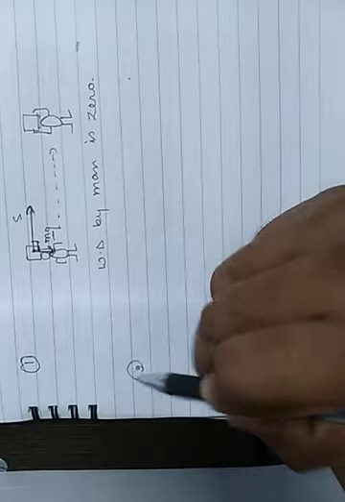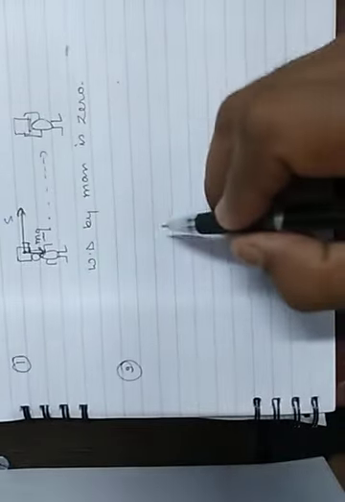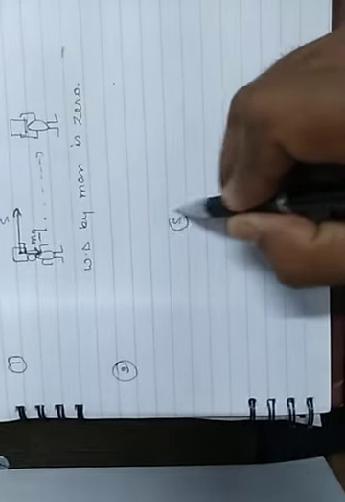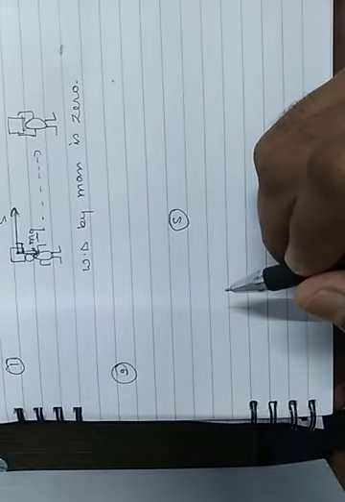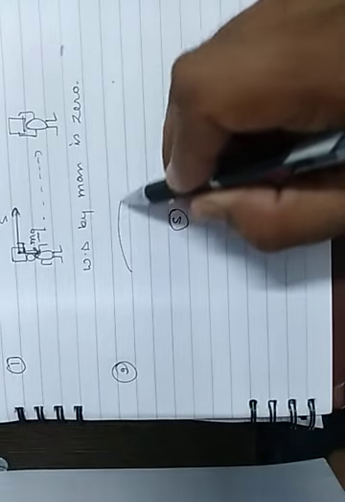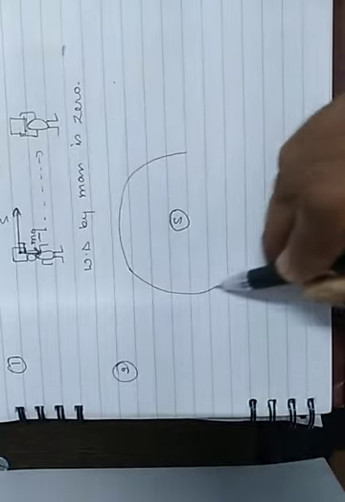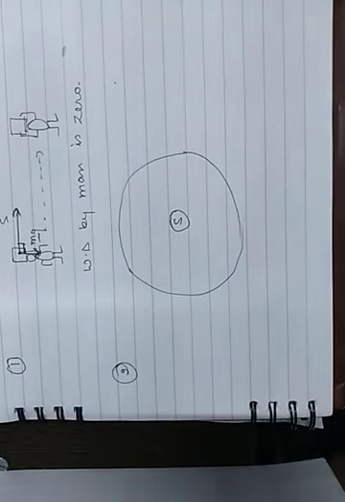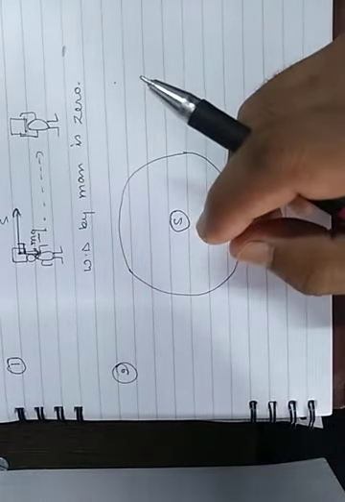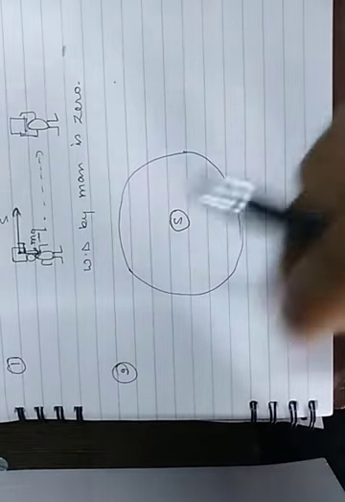Another example, a very interesting example. We all know that the sun is situated at the center and all the planets move around it. Not in circular orbit, they are in elliptical orbit, but we can consider that they are moving in circular orbit.